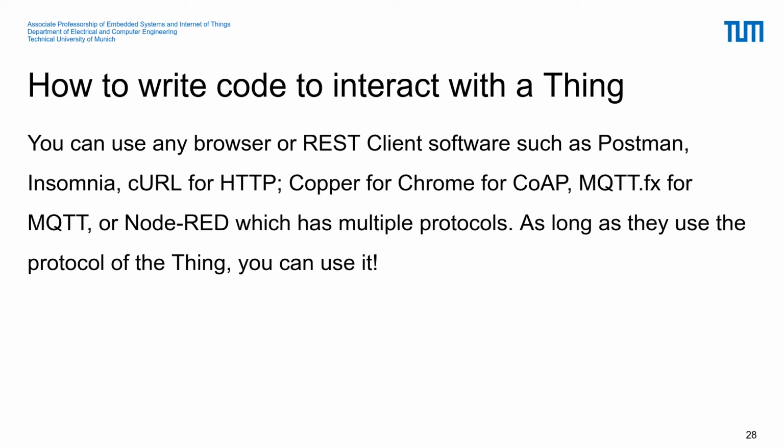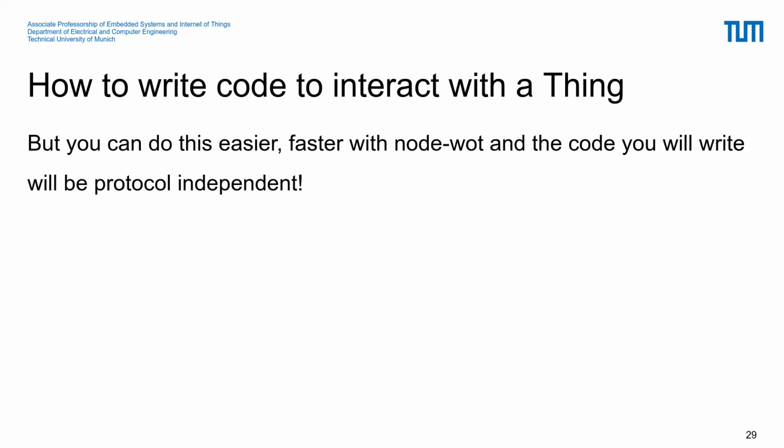However, you can do the consumer application way easier if you do use node-wot. And even further, the code that you write will be protocol independent. This is possible because node-wot understands thing descriptions and it can build the requests properly.